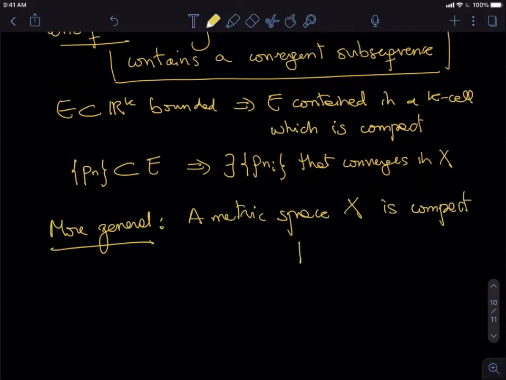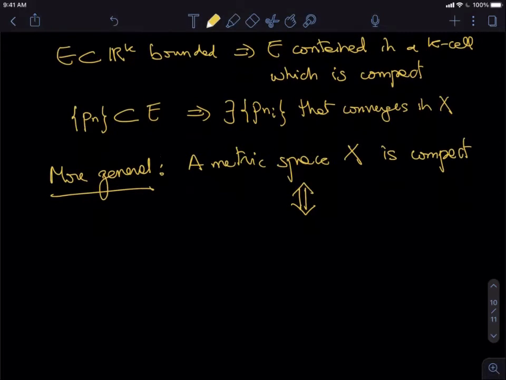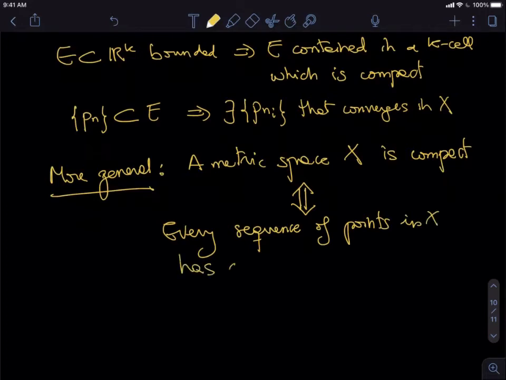We saw the definition of compactness using coverings, but when we have a metric space, compactness is equivalent to every sequence of points in X having a convergent subsequence to a point of X.